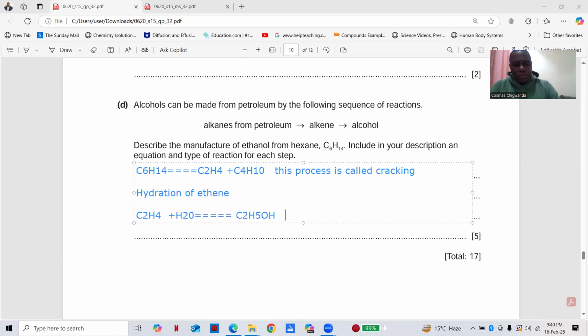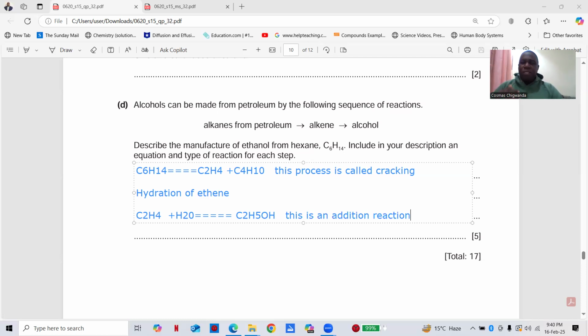You also need to remember that this is an addition reaction, and in addition reactions, in most cases, you don't form a byproduct. So the ethanol has been produced via a two-stage process.